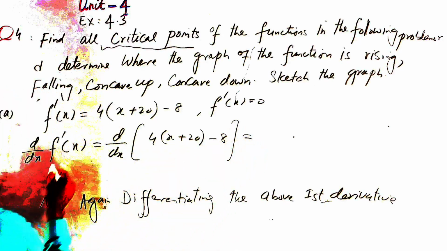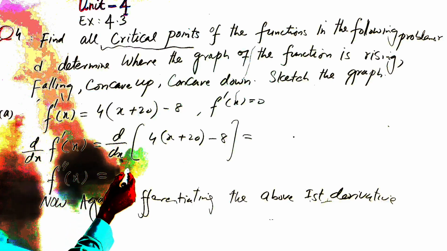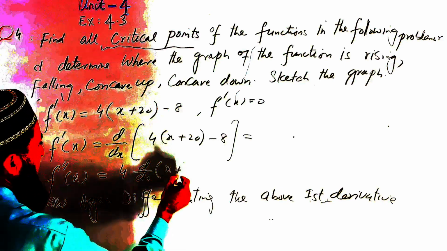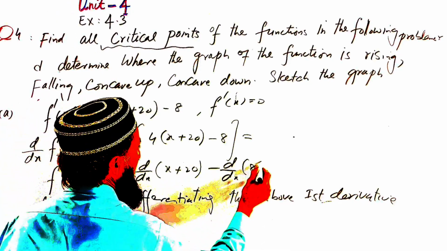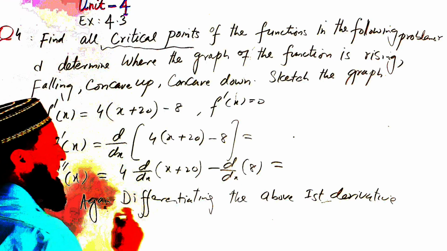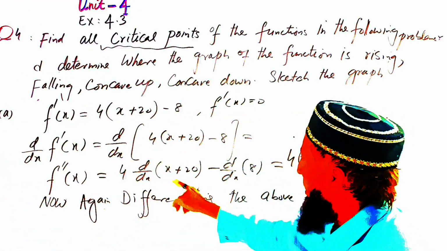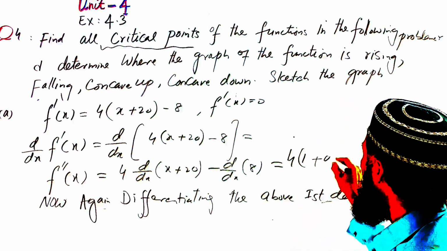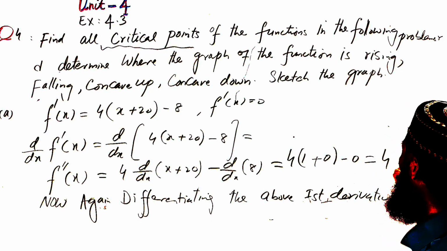So if we differentiate this result, f double dash x, we can write 4 dy by dx of (x plus 20) minus dy by dx of 8. The derivative of x is 1, plus 20 derivative is 0, and minus 8 derivative is 0. We get here 4.